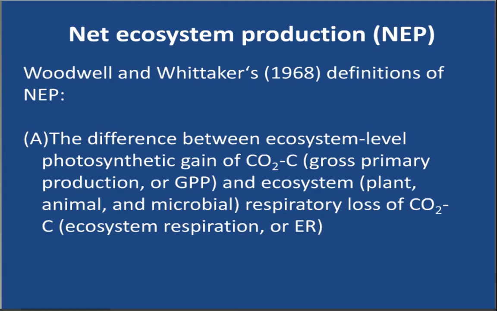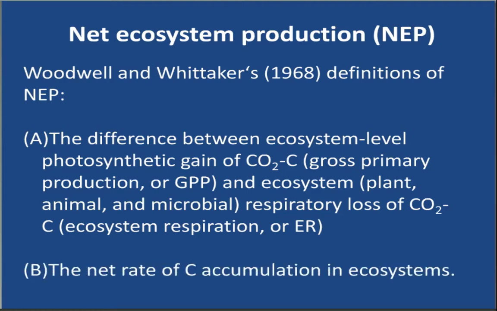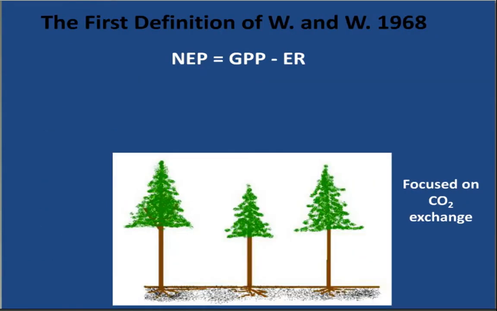Now, in their paper, they actually had another definition which they discussed, and that was the net rate of carbon accumulation in ecosystems. And it's come to the point where ecologists have decided that we have to describe these two things as different entities.